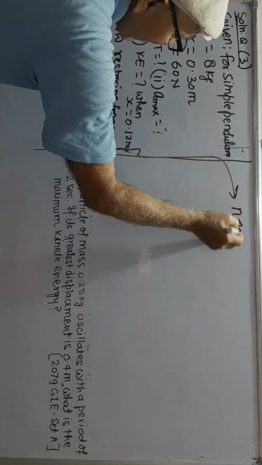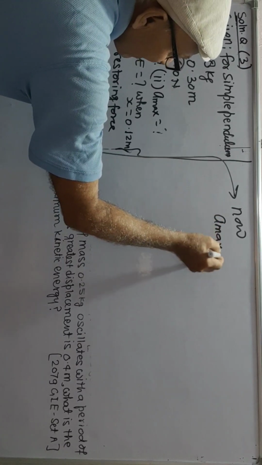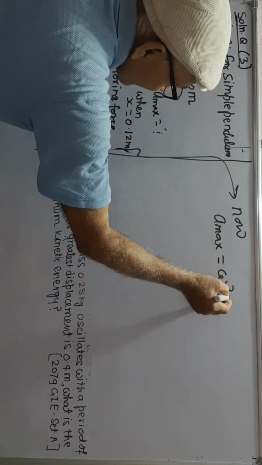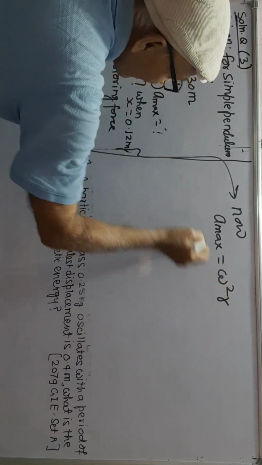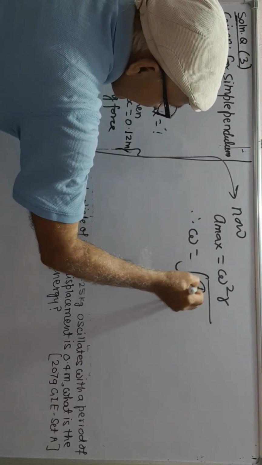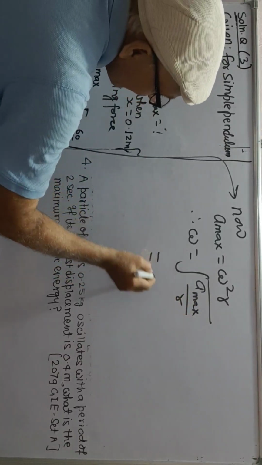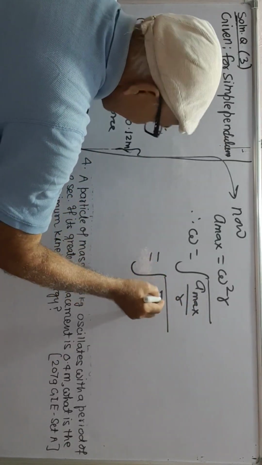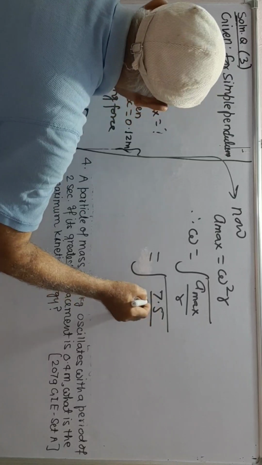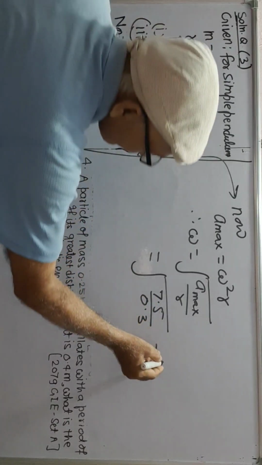Now a max is equal to omega square into r, therefore omega will be equal to under root a max upon r, which gives 7.5 upon 0.3, 5 radian per second.